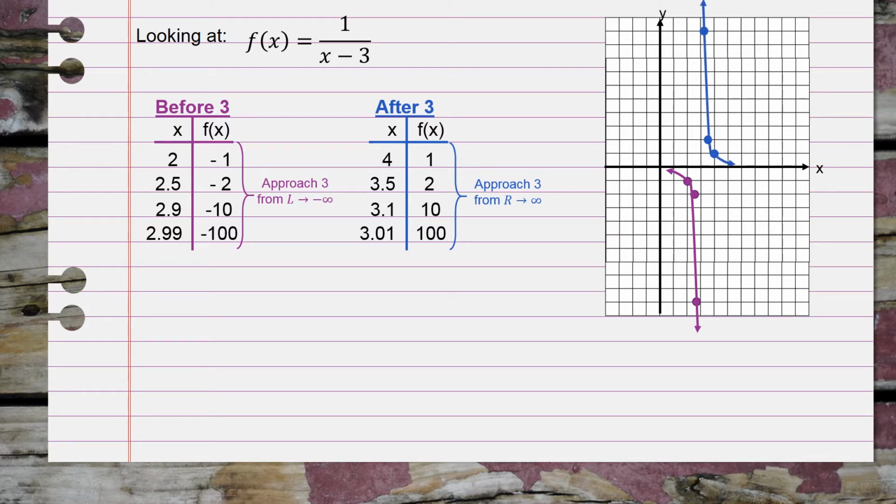For your points after 3, your graph should look similar to mine. Now notice, we have none of the values actually at 3. But what happens is we actually have this imaginary brick wall or this force field that's taking place. This break is what's called a vertical asymptote. Let's talk more about that.